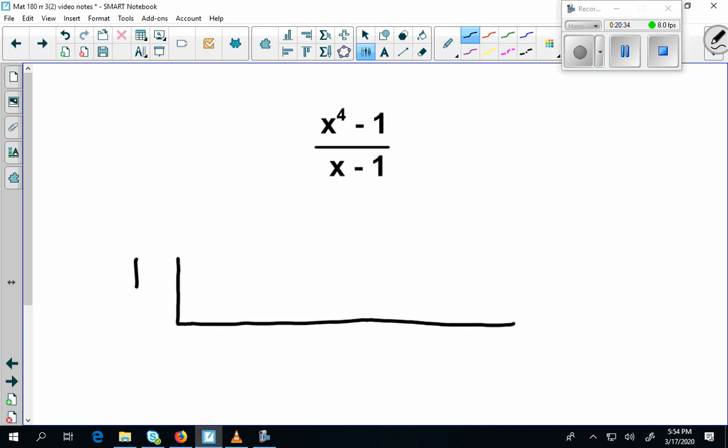I see that this is x to the fourth, so this is degree 4. I don't have any x to the third. I don't have any x to the second, any x. So yeah, I'm going to need a placeholder. So I have 1 x to the fourth, no x to the third, no x to the second, no x, and then minus 1.